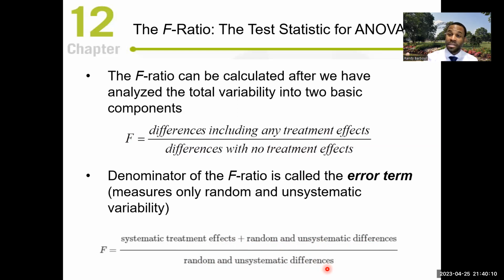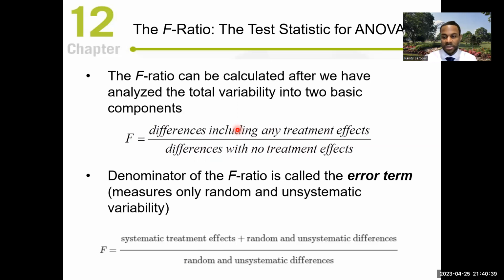The researcher may have treated the participants very differently, and the measurement tools have inherent error in them, okay? So the denominator is oftentimes called the error term because that is essentially all the error for the variability in the particular study.